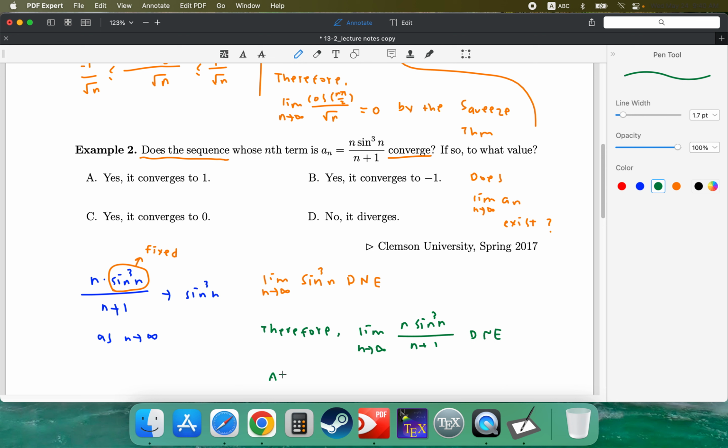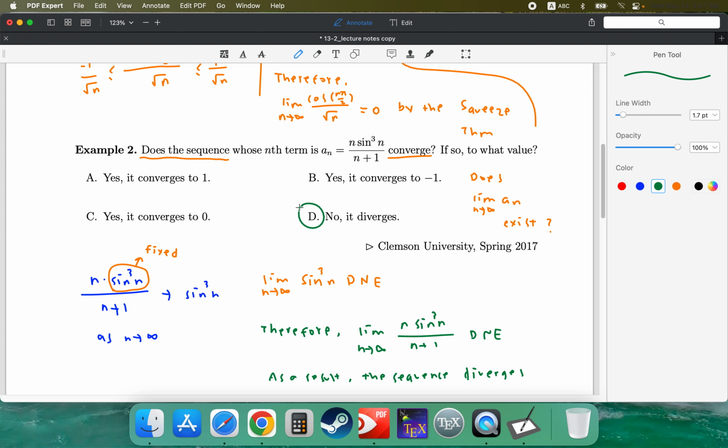As a result, we know that if the limit does not exist, the sequence diverges. So we have to choose D.